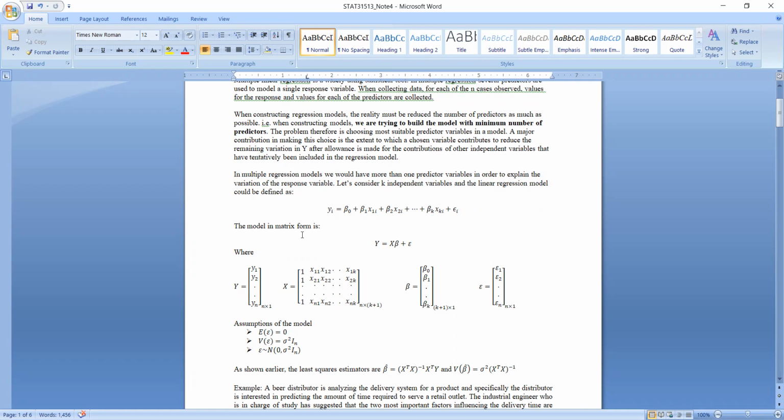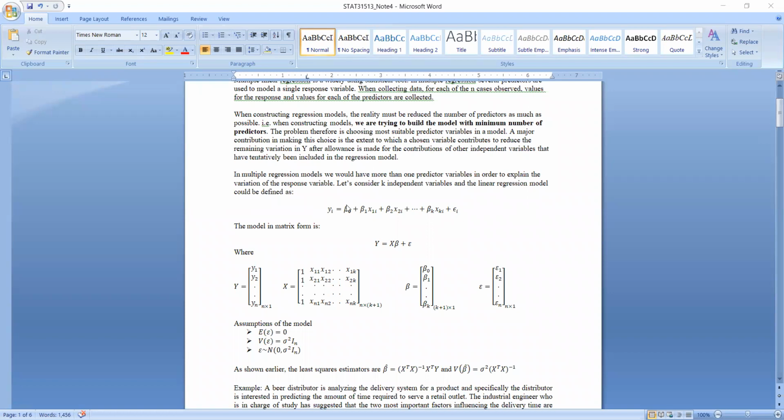The model is yi equals beta naught, the intercept, plus beta 1 x1i, where x1i means the ith observation of the first variable, plus beta 2 times x2i, the ith observation of the second variable. Likewise, beta k times xki plus epsilon i, the error. This is the general format of the model.